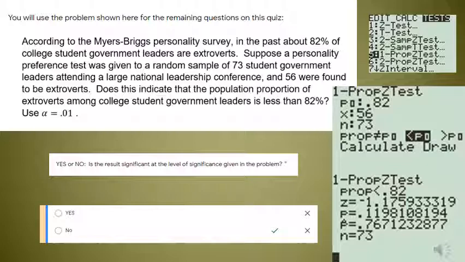But the answer on this one is no. And again, what I do with that is I look at my p-value, and I go back to the problem and I look at alpha, the level of significance. And in order to say that yes, it's significant, my p-value has to be less than alpha. Here it would have had to have been less than 1%, and it's nowhere even close to that, so it's definitely going to be a no.